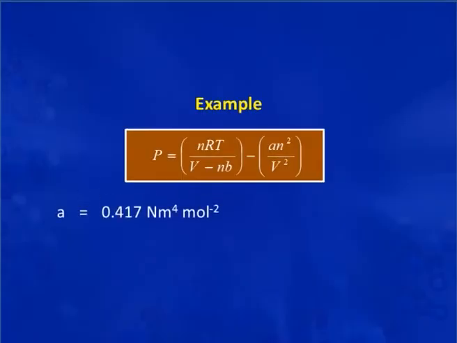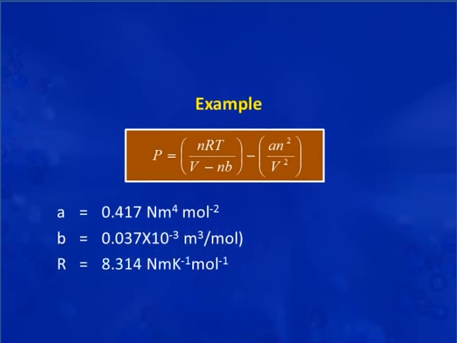A is given, that is 0.417 Newton meter cube per mole square, and B is given, that is 0.037 into 10 to the power minus 3 meter cube per mole. The value of ideal gas constant R is equal to 8.314 Newton meter per Kelvin per mole.